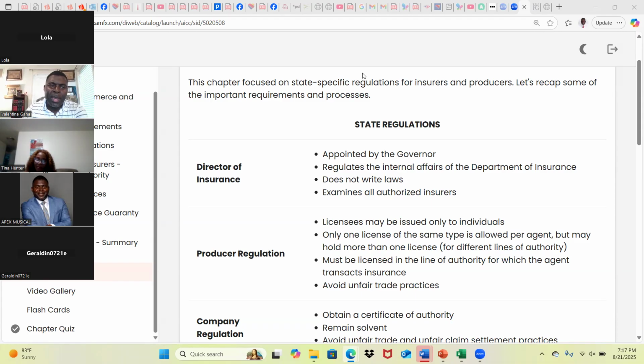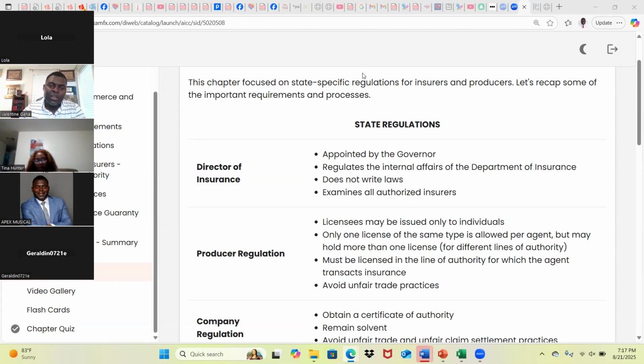You just have to remember that an insurance company that is incorporated in the state within which it operates is a domestic insurer. For example, for the state of Washington, if the insurance company is incorporated or registered in the state of Washington and operates or does business in the state of Washington, then that is a domestic insurer.